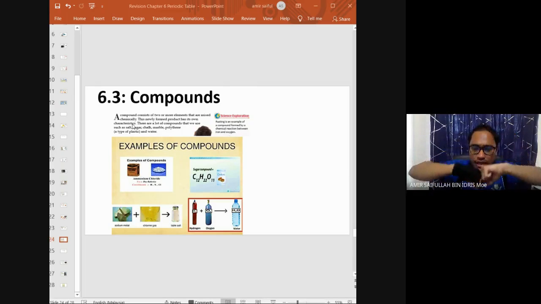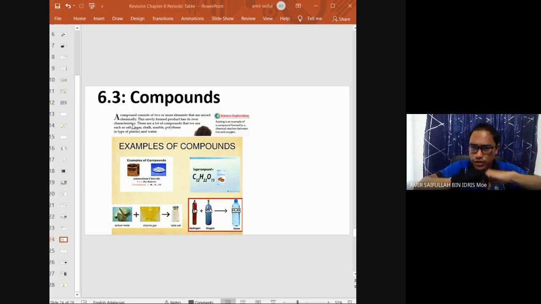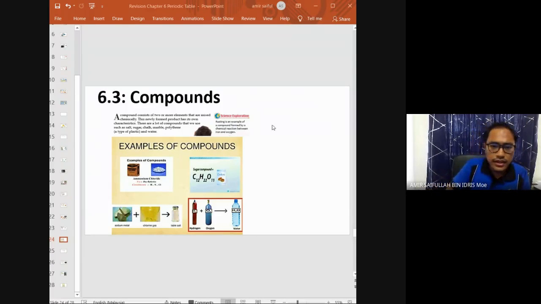So dia sangat-sangat kuat. The relationship between them is very very strong. They are attached together, so it is very hard to separate them. This newly formed product has its own characteristic. Let's say hydrogen is one element.